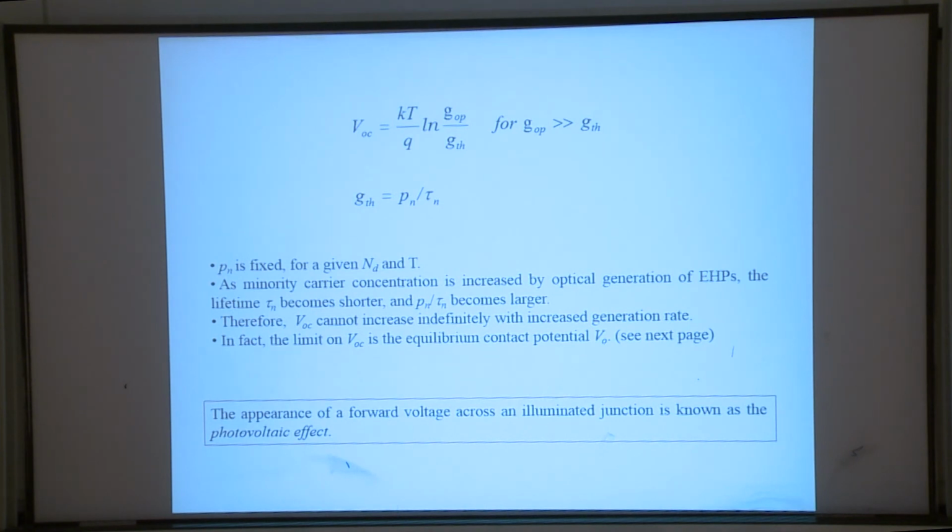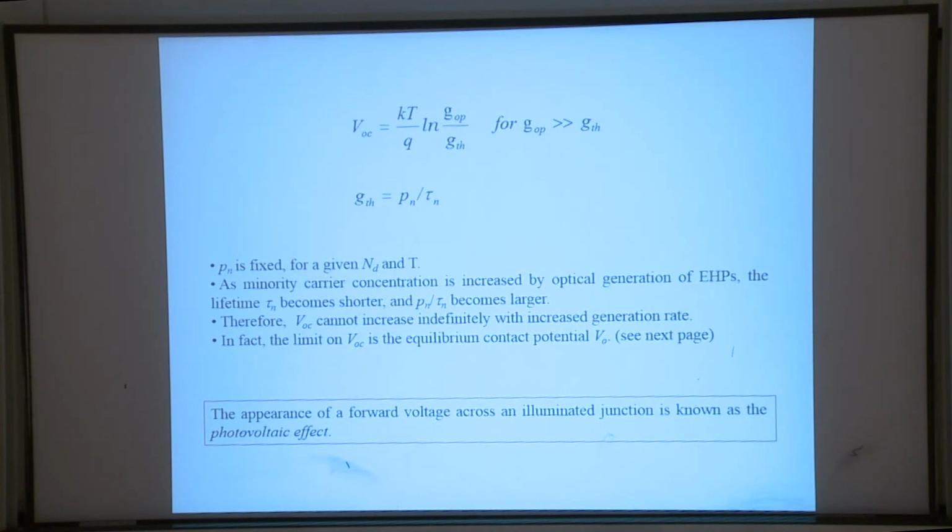You cannot increase the VOC higher than the energy barrier between the two sides, P side and N side. Otherwise, you will create a lot of current that cannot be handled by the semiconductor. So the limitation is the band gap itself.